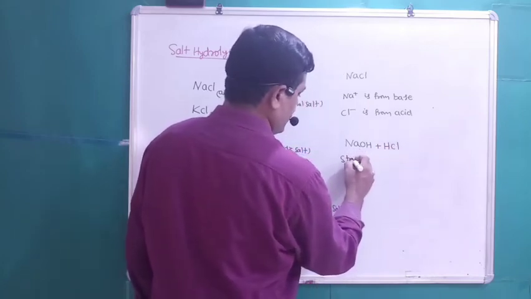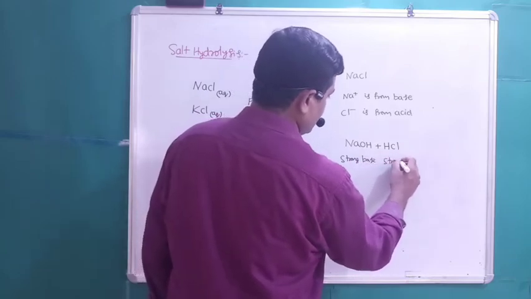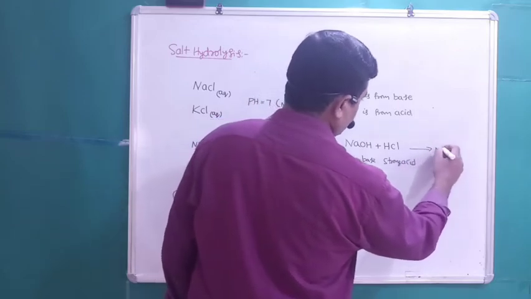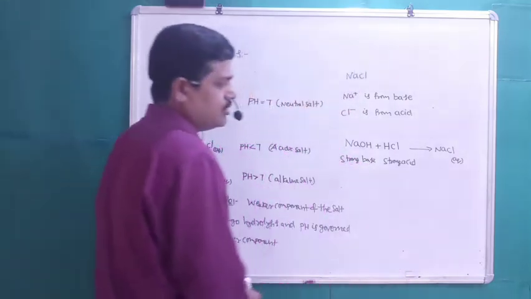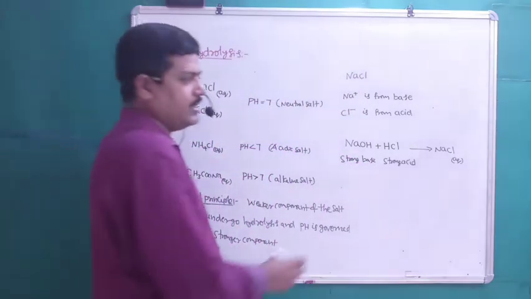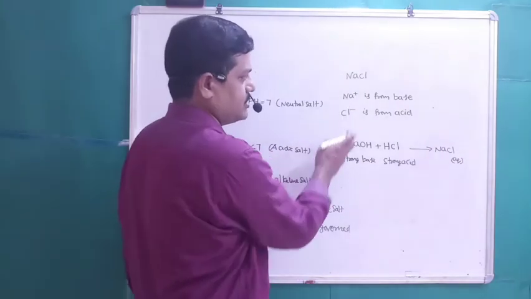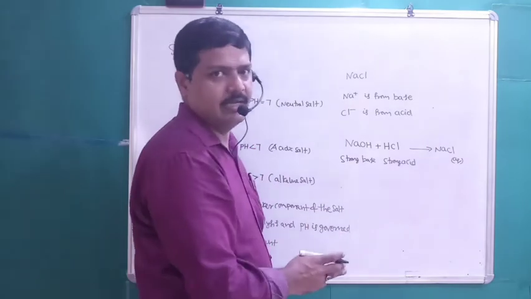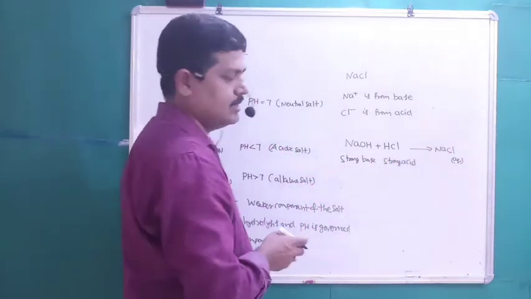NaOH is a strong base, HCl is a strong acid, so we get a neutral salt. Na plus is from the strong base and Cl minus is from the strong acid HCl, so the resultant salt solution is neutral, right?